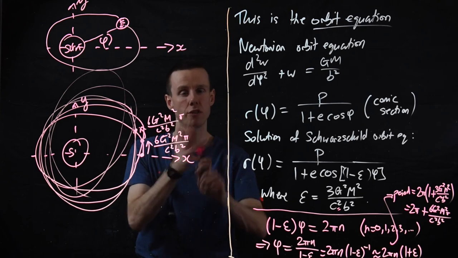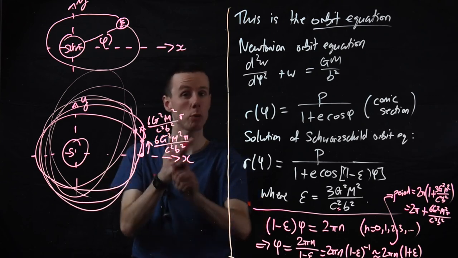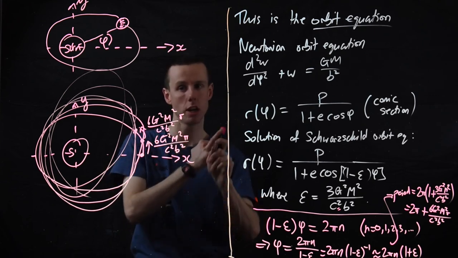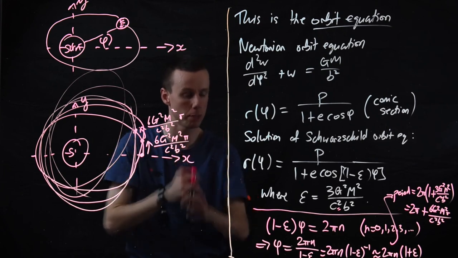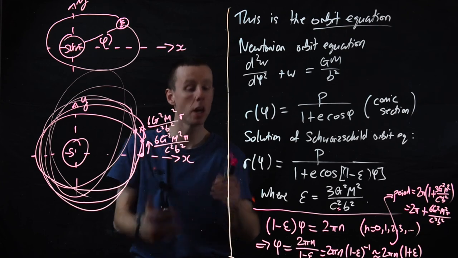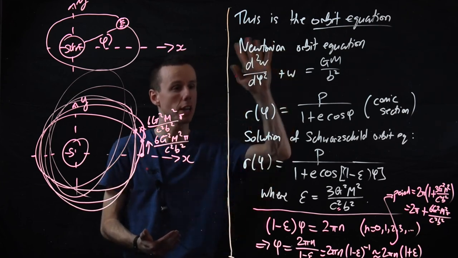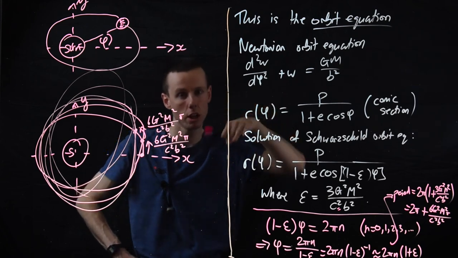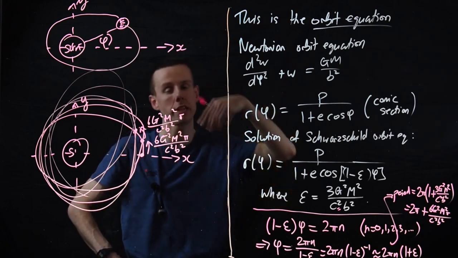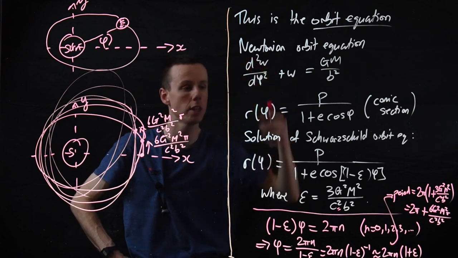We instead used the fact that L, the Lagrangian, is equal to minus c squared along the path of the particle, if you choose the parameter of the geodesic to be the proper time. And then we assumed that the particle will be restricted to the plane theta equals pi over 2. Or in fact, we showed that if it starts in the plane theta equals pi over 2, it stays there forever.